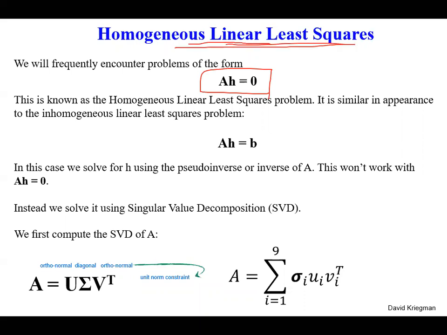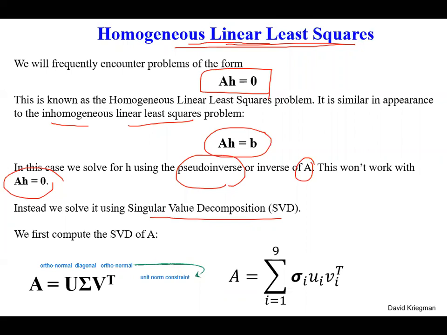We have already explained how to solve A H equal to B, which is called an inhomogeneous linear least squares problem, by just using the pseudo inverse of the matrix A. But this is not possible for solving A H equal to 0. Instead, we will use the singular value decomposition to solve for H.